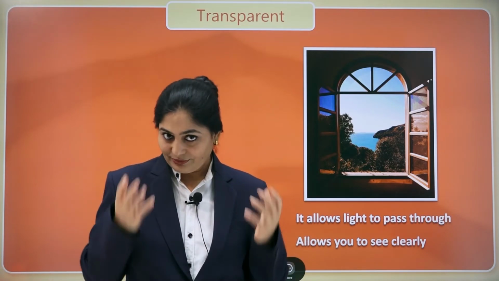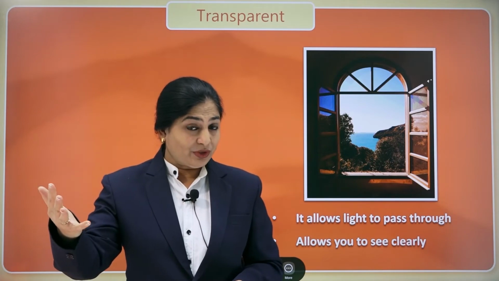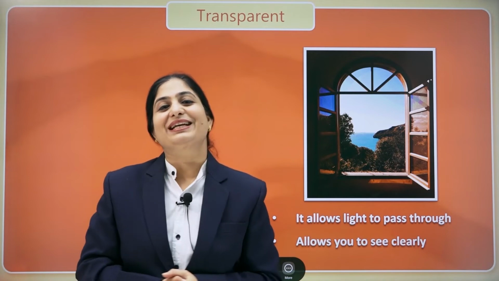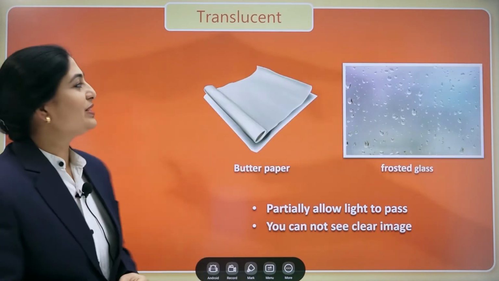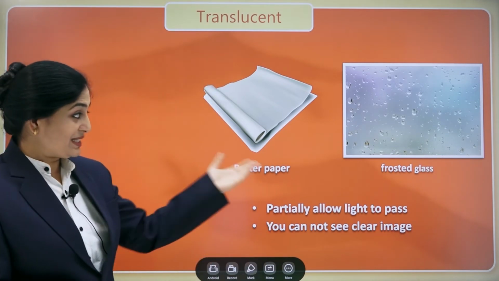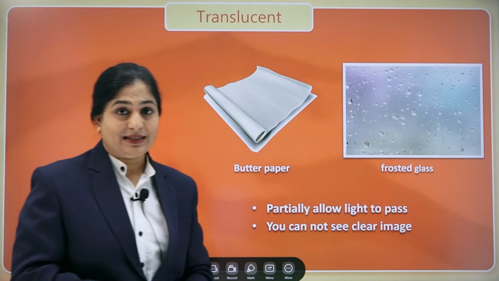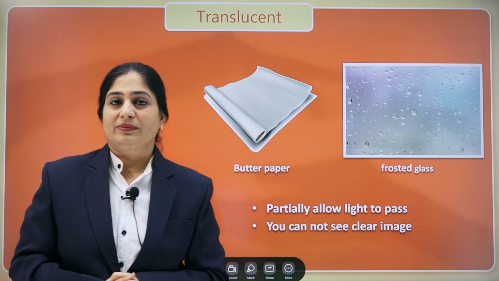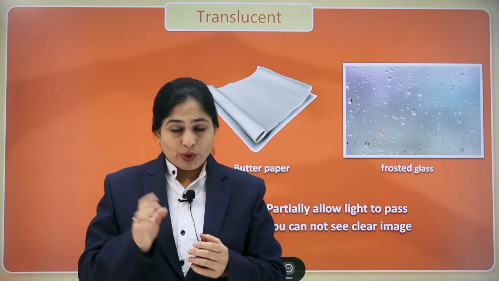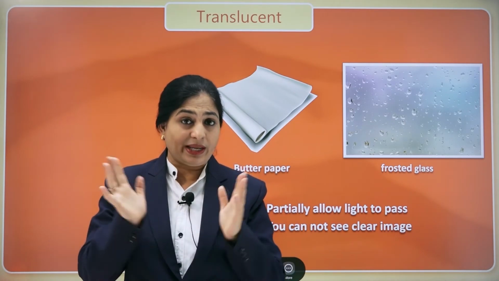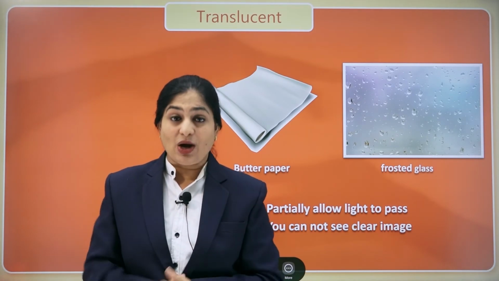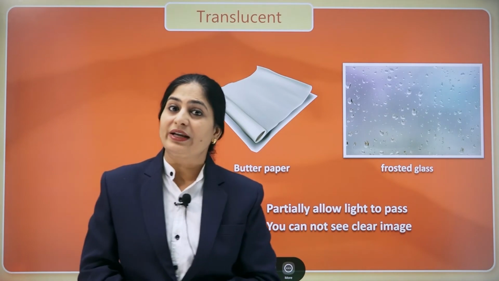That means they are objects through which we can see the other side clearly. Now let us discuss the third type, the translucent object. Examples are frosted glass and butter paper. When you try to see the other side of butter paper, you can see a few things, but only a blurry image, and you will not be able to see things clearly on the other side.